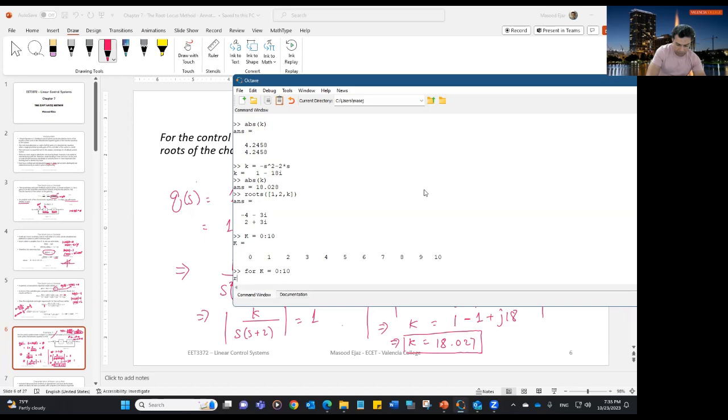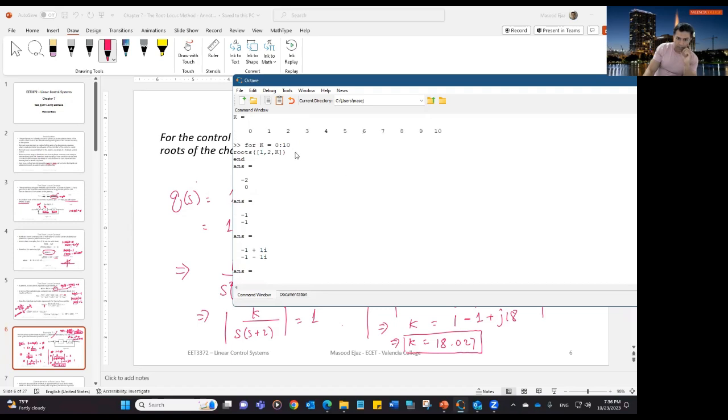Let's just calculate roots, with coefficients 1, 2, and k.